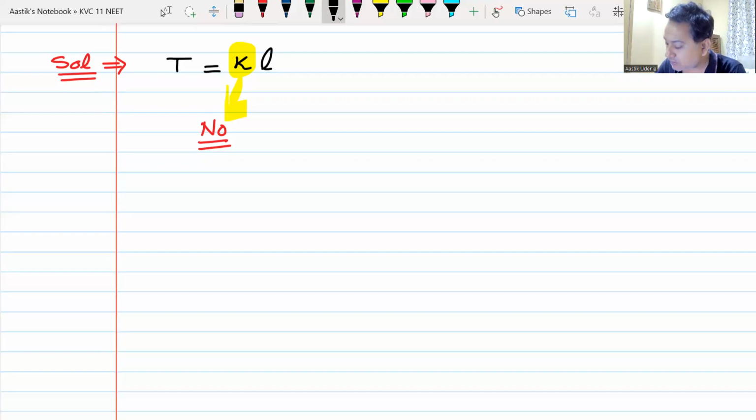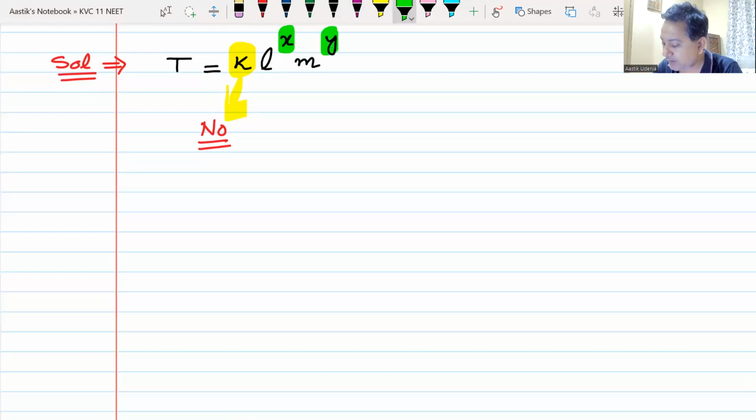So I just call the power as X. Now this X, which is colored in green, we also do not know the value of. That is what we need to calculate. So L is the first quantity on which it depends, L raised to the power X. What is the second quantity? Mass. So I'll write it as M. Again, I don't know what power it will be raised to.